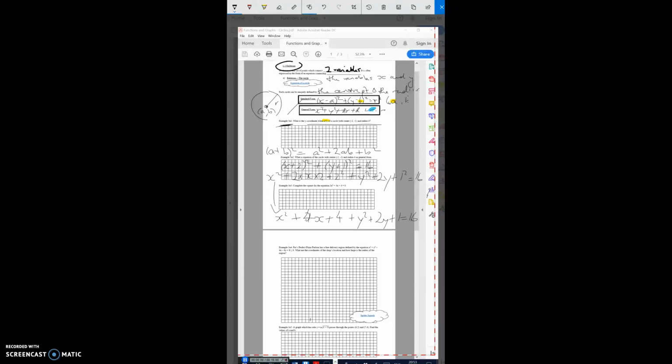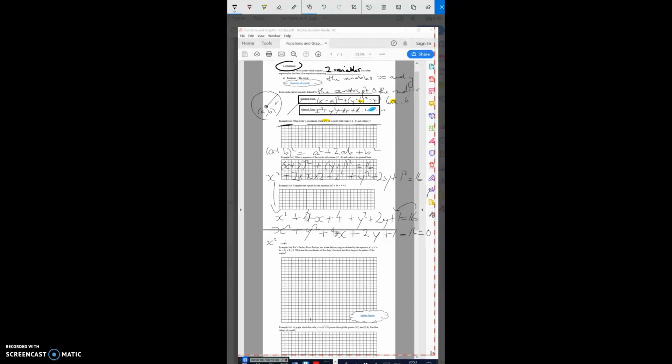And so therefore I get x squared plus y squared plus 4x plus 2y plus 4 plus 1 take 16 because I want to get 0 on my right hand side, equals 0. So I've just taken 16 over to this side.